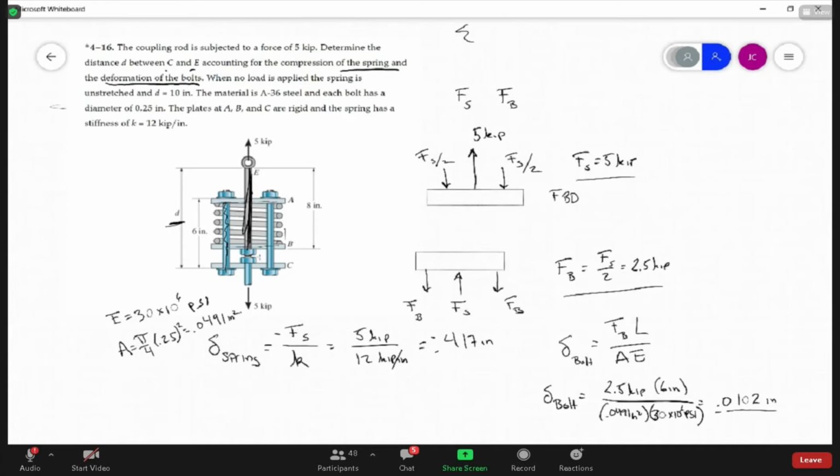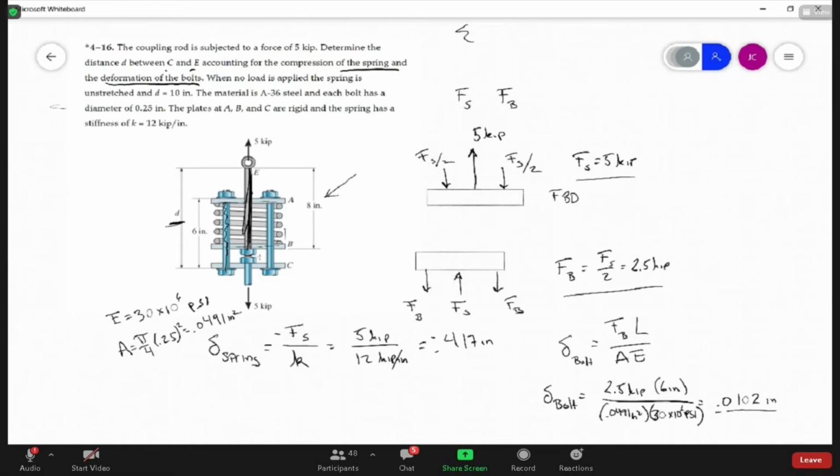Does it get longer or shorter? The spring compresses. Does D increase or decrease? It'll increase, right? I know it sounds a little weird, but you have to look at it geometrically to see what's going on.